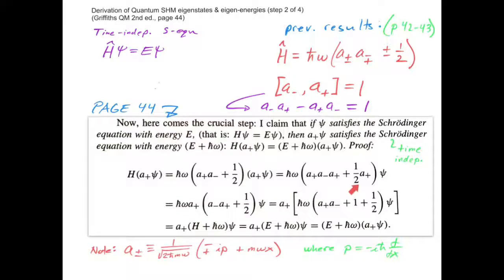We can take this 1/2, since it's a constant, we could put it there or there, doesn't matter. Let's imagine putting this 1/2 back over here, and then we can peel off an A plus. There's an A plus operator right there. We can imagine factoring that back out of this, and we'll get this expression. If what I just said bothers you, redistribute all this through onto this, and we can get that.